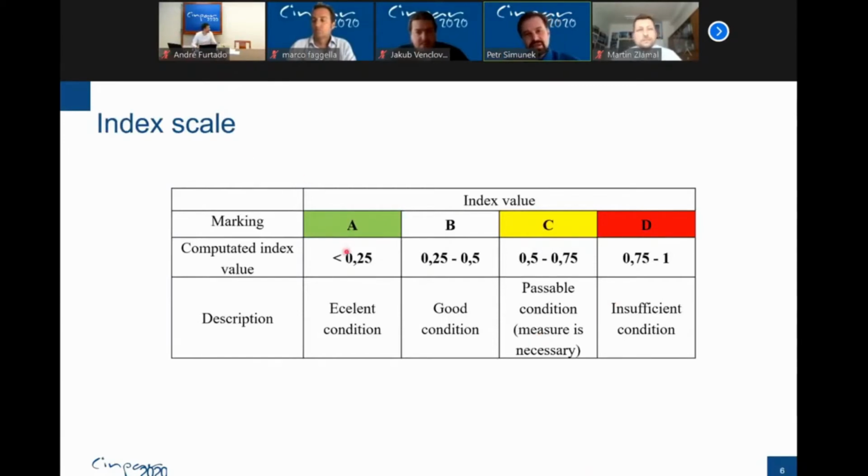For the index scale, we use levels from A to D. A is an excellent condition of the structure component, and on the other hand, D is an insufficient condition, the worst one.